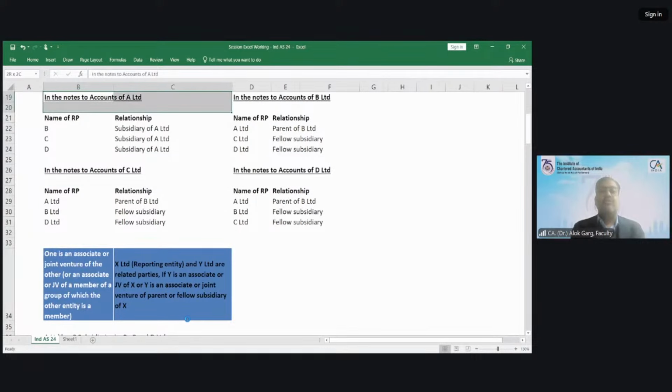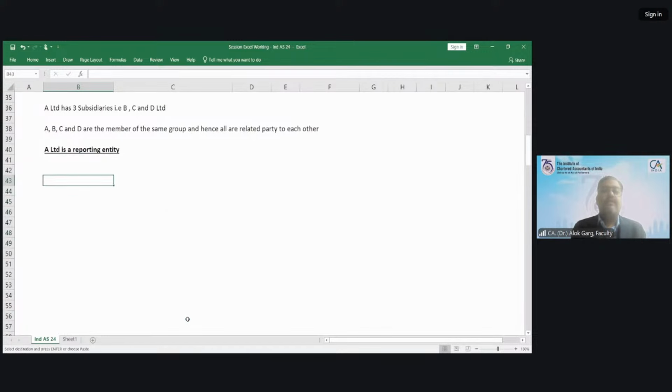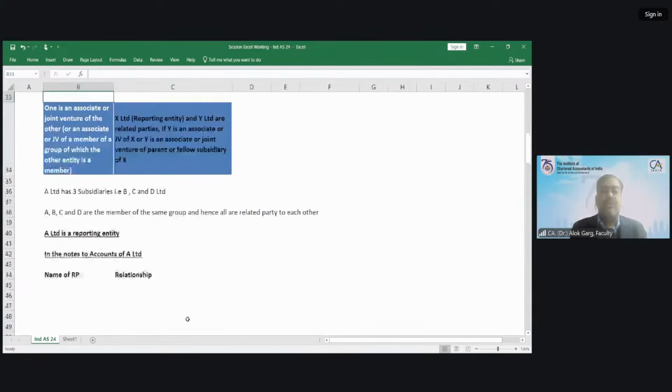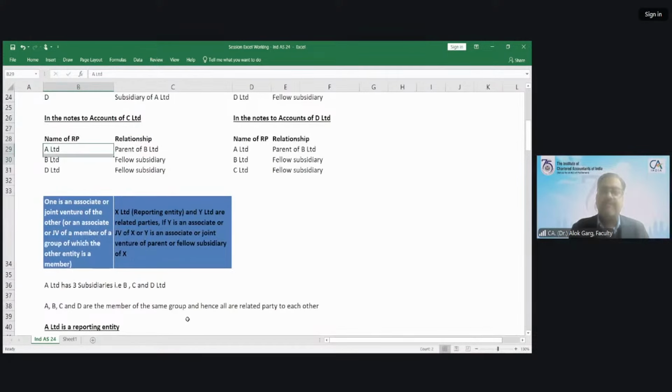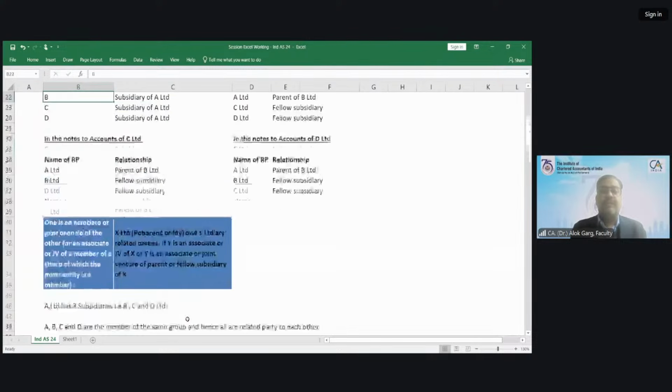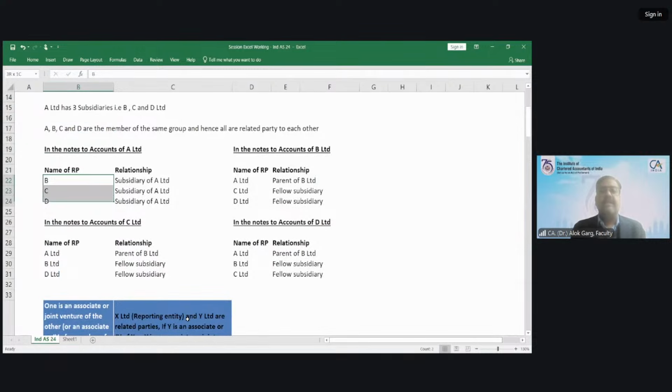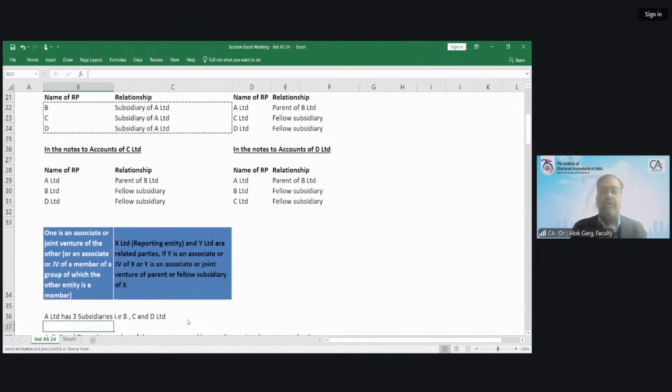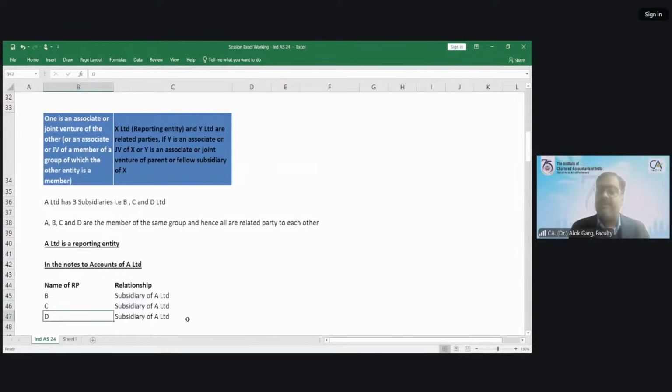So in the notes to accounts of A Limited, who will become the related party? Of course, all these B, C, and D will become related parties. Yes, sir, they will be. So in the notes to accounts of A Limited, B, C, and D are all related parties, right?